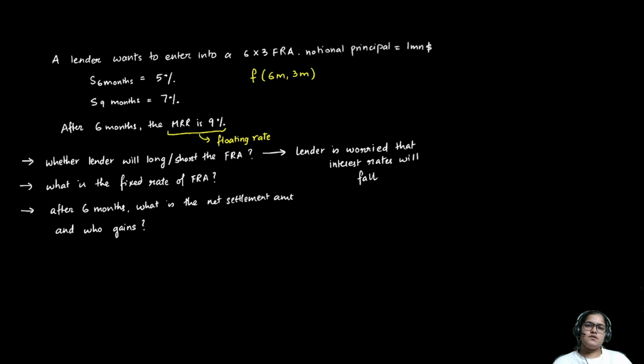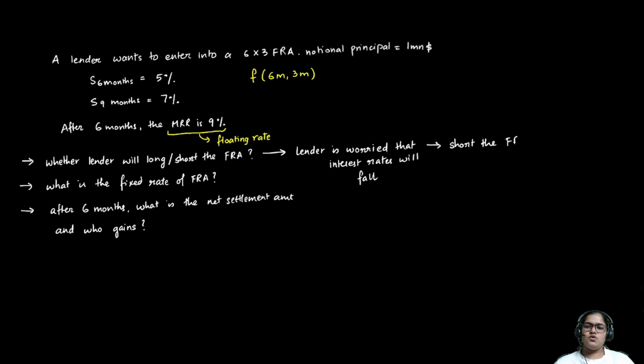As a lender, when I'm lending money, my main worry is that in future, when I go to lend money, the interest rates fall at that point of time, and therefore I receive lesser income. So, as a lender, my main fear is that interest rates will fall, and therefore I will short the FRA.